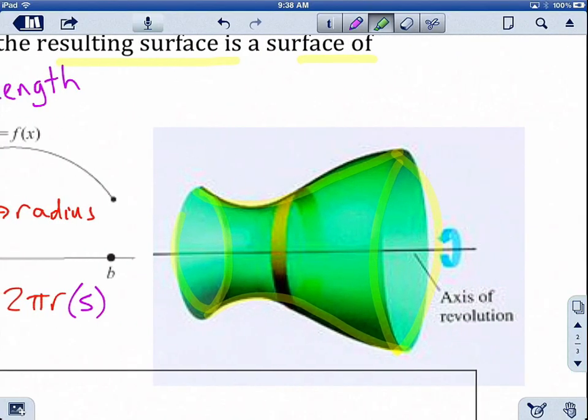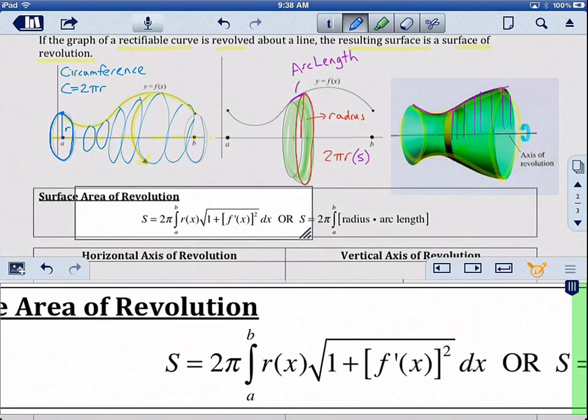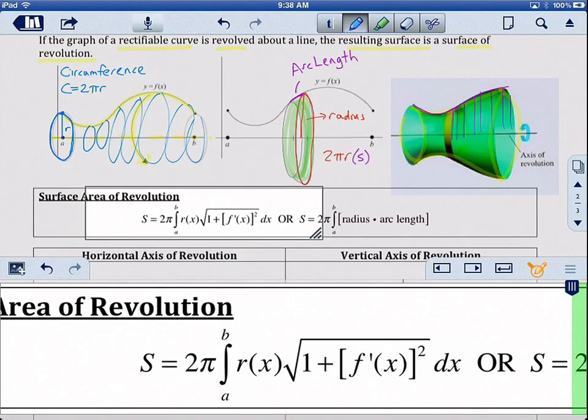Okay? And here's where calculus comes in, because if we take those arc lengths all the way across and we let these little strips go everywhere, then we're going to get the entire surface area. So the formula for surface area here is just going to be 2 pi times your radius times, well, this right here is your arc length.